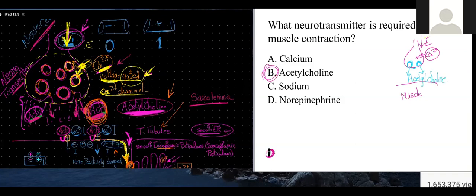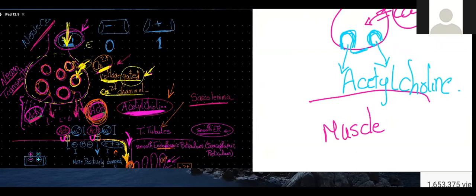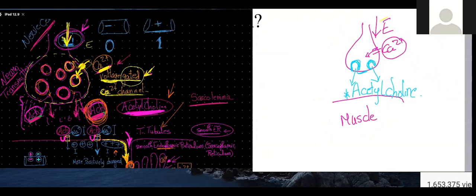Is this clear? So again, calcium is essential for the muscle to contract, but it's not the neurotransmitter. Neurotransmitters are chemicals that get released from the nerve cell.